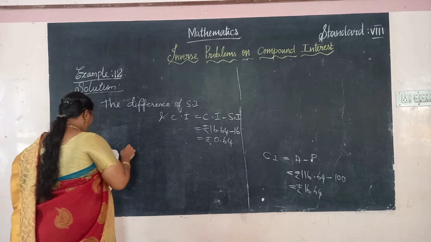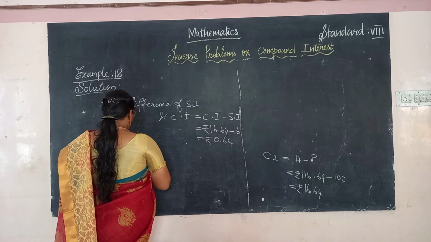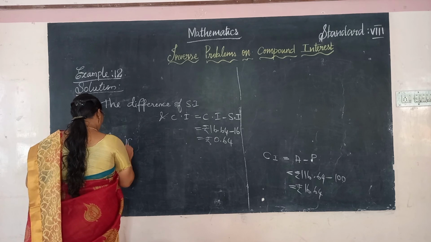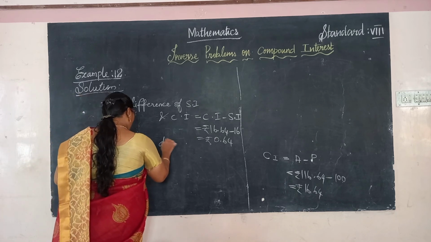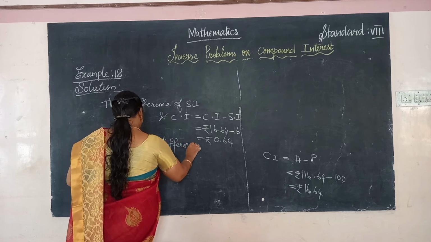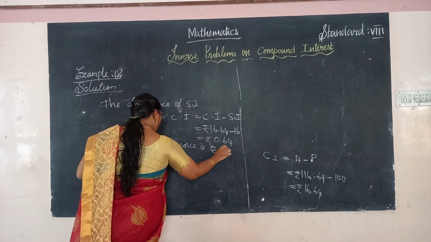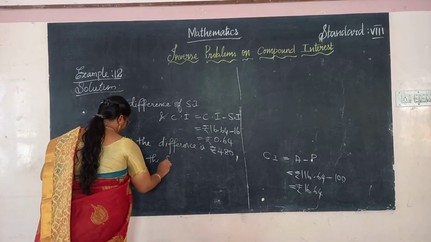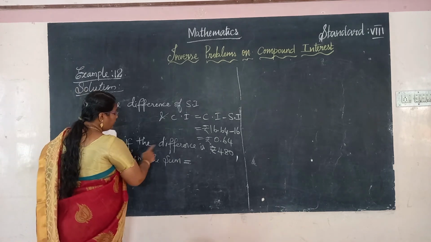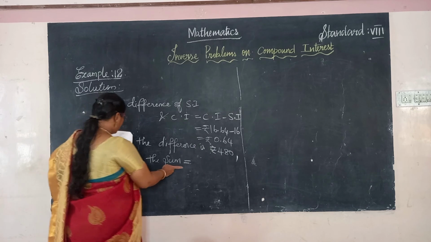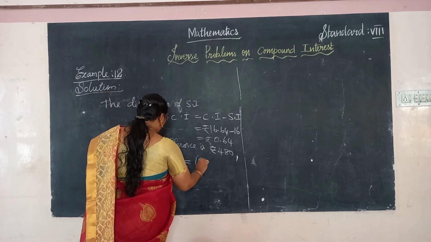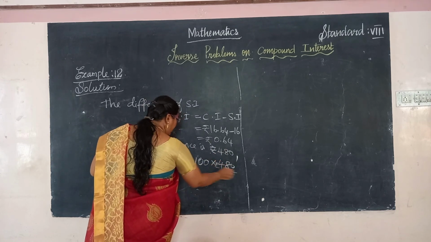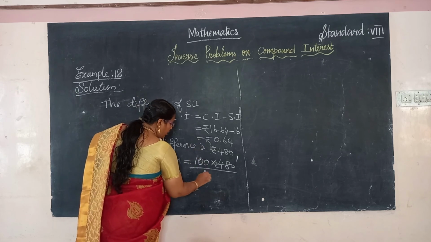Now we compare with the gain value given. If the difference is rupees 480, then the sum, the principal amount, is 100 for a difference of rupees 0.64 in interest.